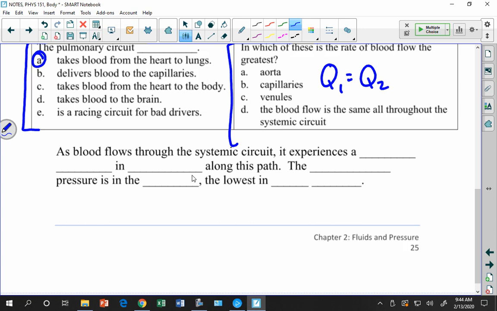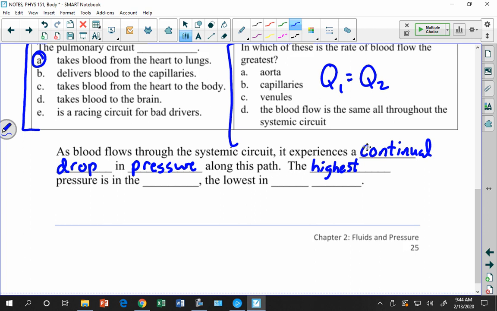All right. So as blood flows through the systemic circuit, it experiences a continual drop in pressure. And the highest pressure, well, you tell me, where in the systemic circuit is the highest pressure?